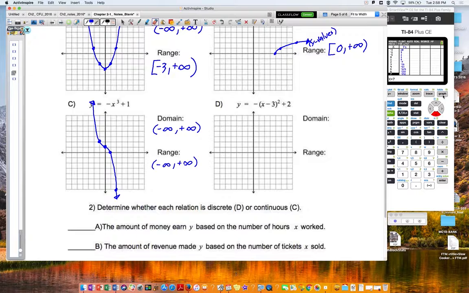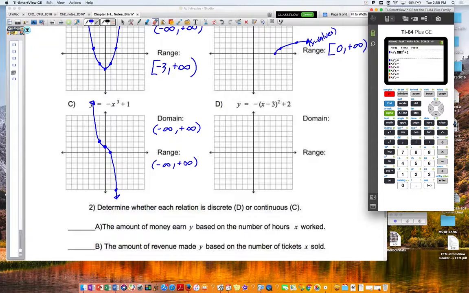All right, my last graph. So I'm going to go to my y equals, and I have the equation negative, parentheses, x minus 3, close parentheses, squared, and then I'm adding 2.